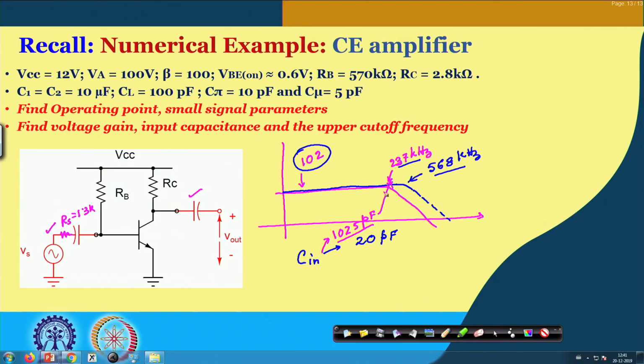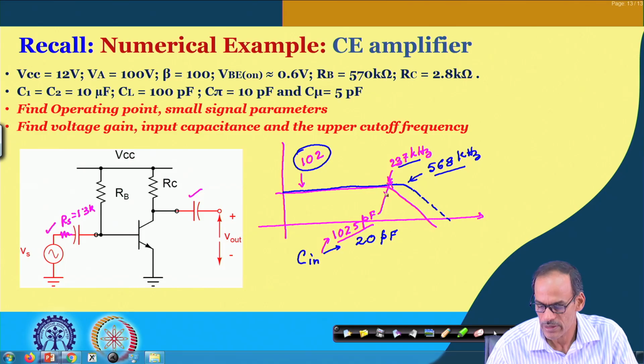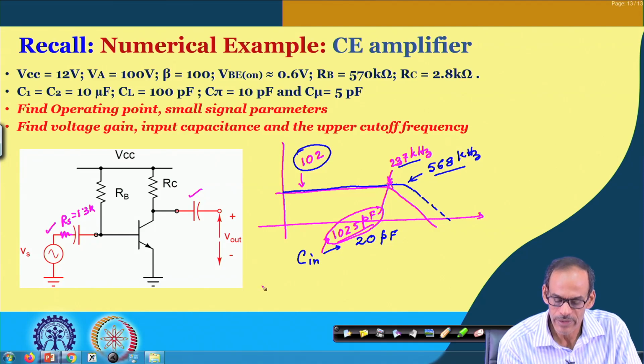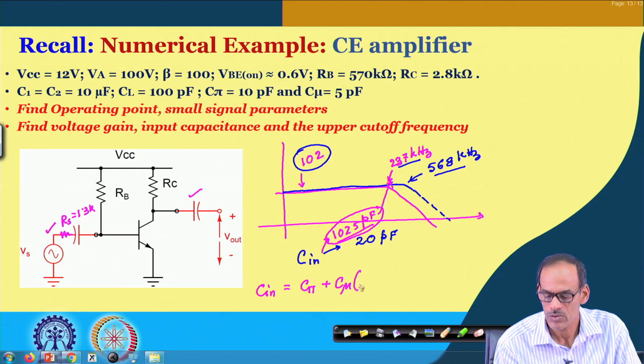Before I go into the next topic, I must say here that in this calculation of the C in, I made a small mistake. It should be 135, because C in equals C pi plus C mu into 1 plus 204, and so here we do have 5 and also here we do have 10.